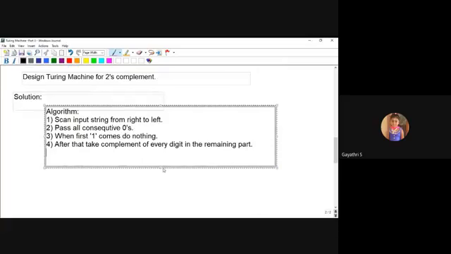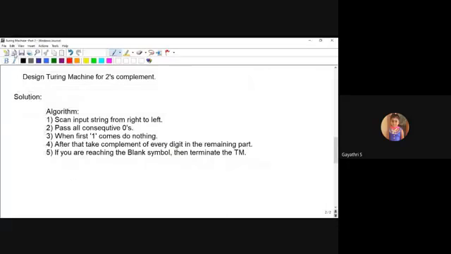Then the termination step: when you reach a blank symbol, terminate the Turing machine. So these are the instructions or algorithm.